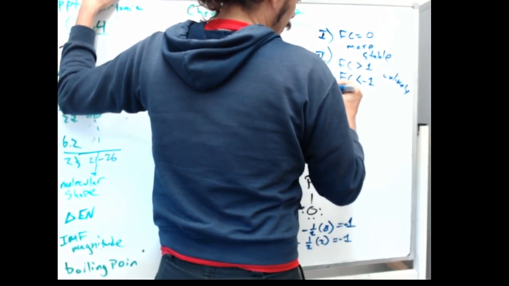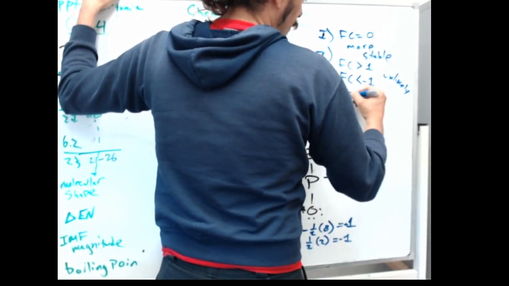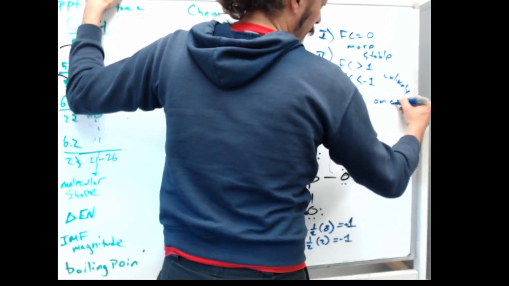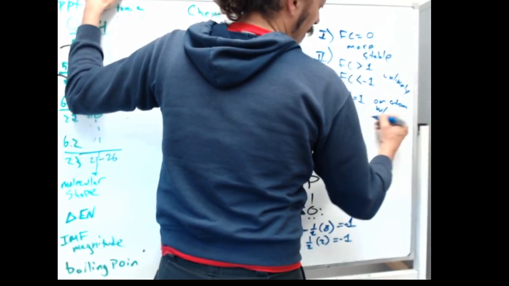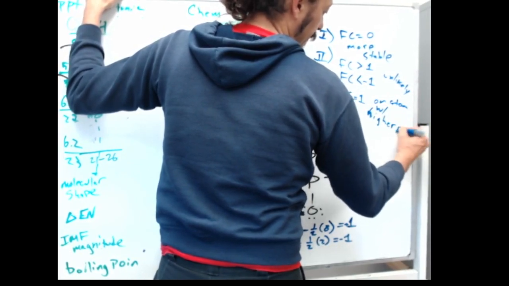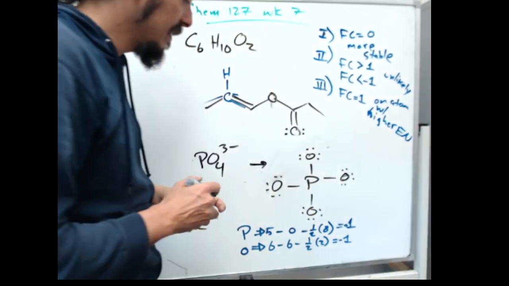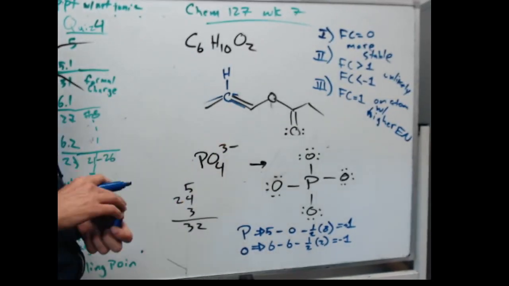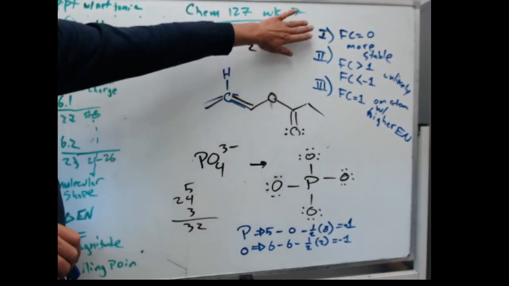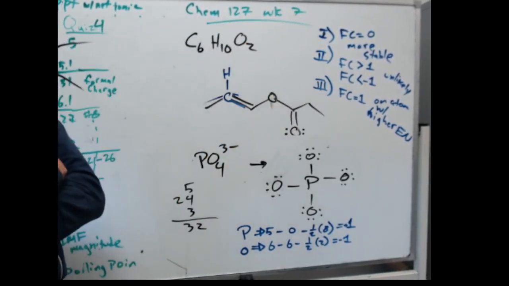Thing number 3, a negative formal charge should be on an atom with higher electronegativity. In this situation, oxygen has higher electronegativity. It looks like oxygen's got the -1s, but I really go back to this first thing of getting more formal charges equal to 0.